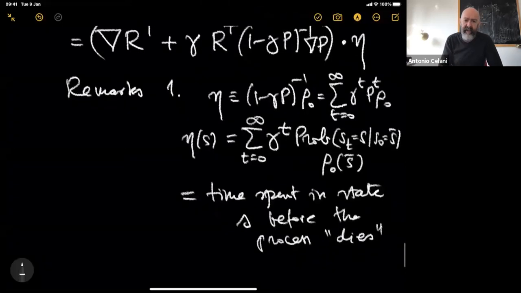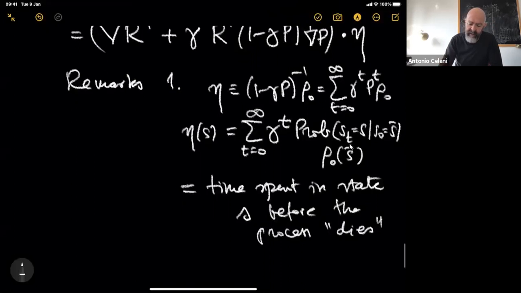So this thing is exactly the probability of being in state S after t steps. This is just to give you an interpretation of this abstract quantity that I introduced.